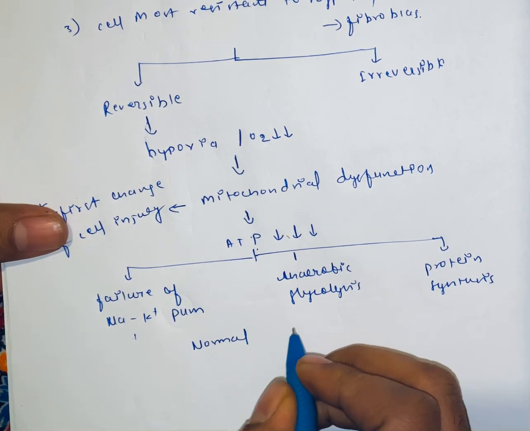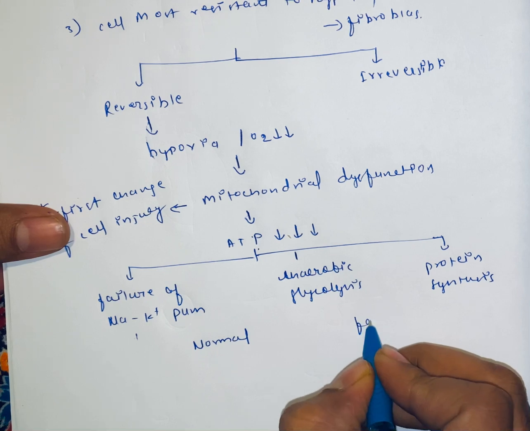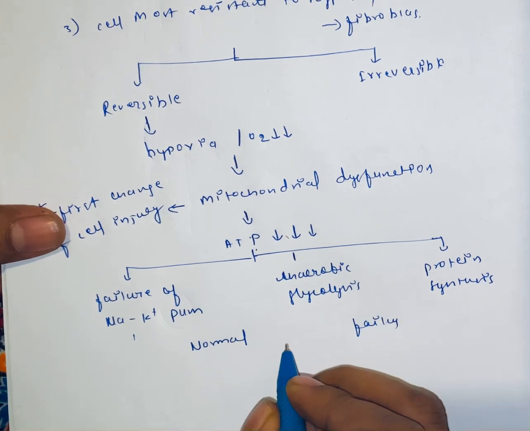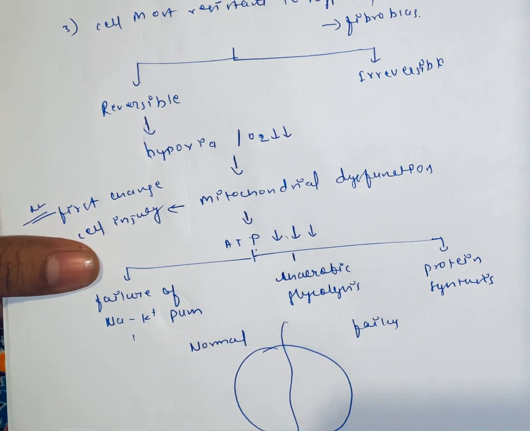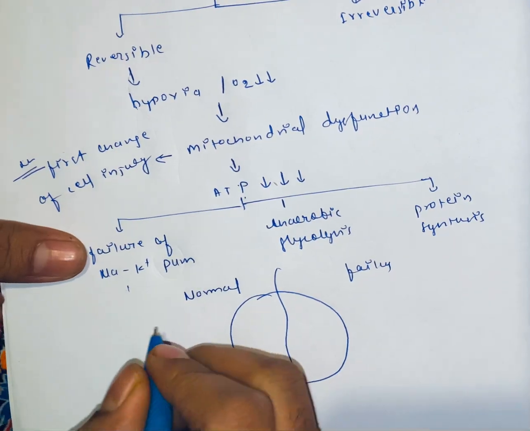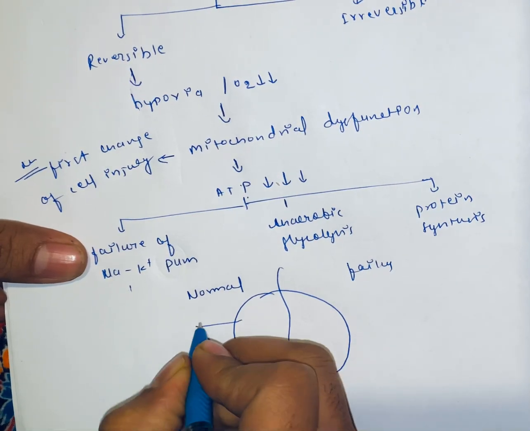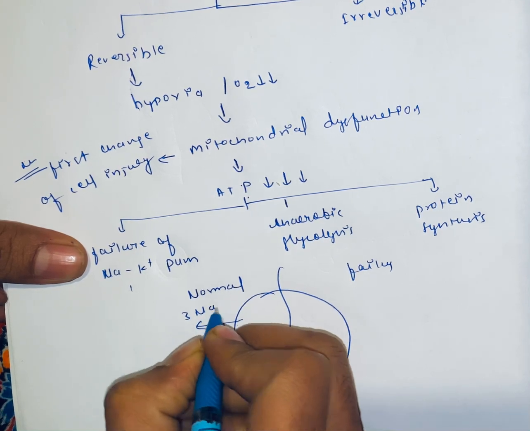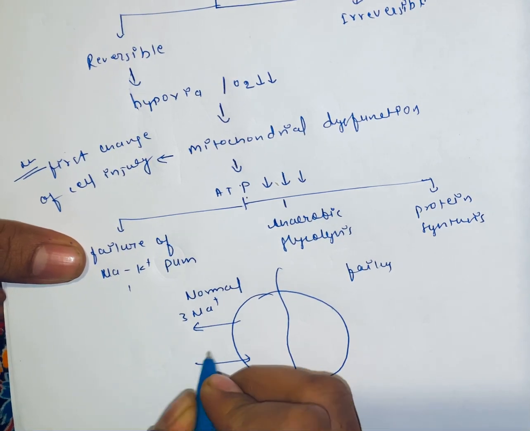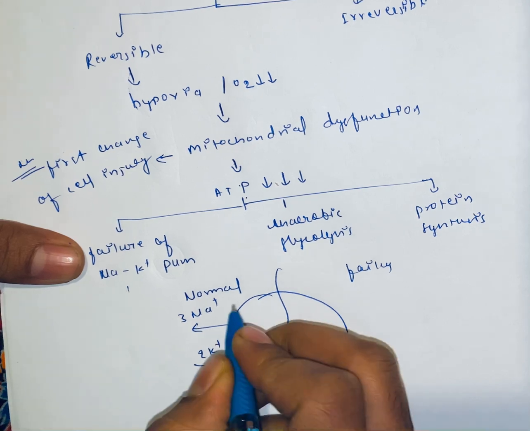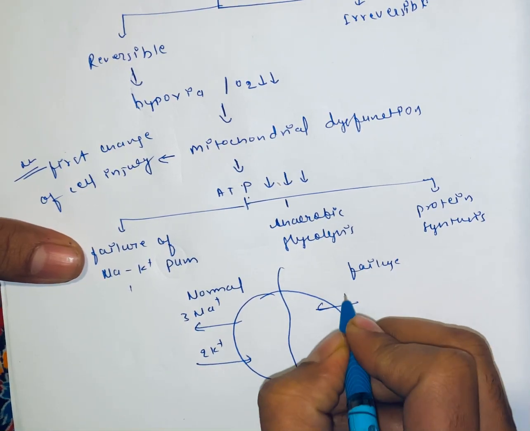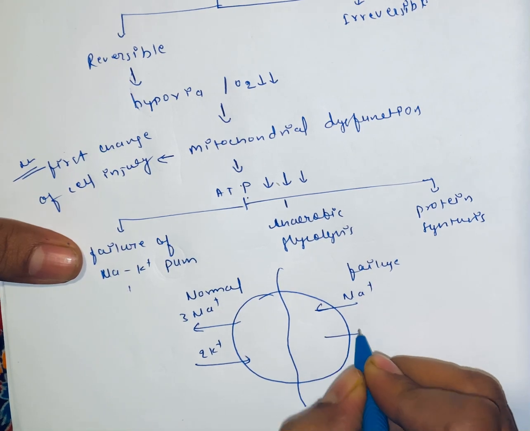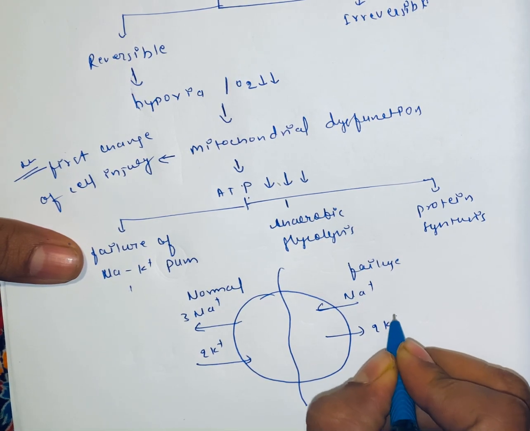Here it is normal, and here it is failure. In normal condition, three sodiums go out and 2 potassiums come in. When it has failed, then 3 sodiums go in and 2 potassiums come out.